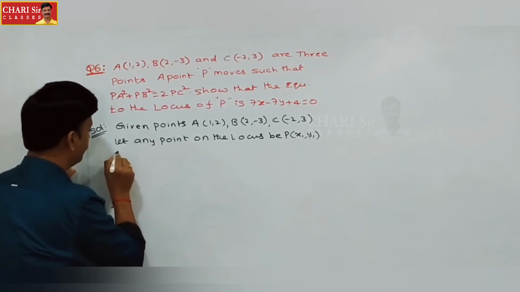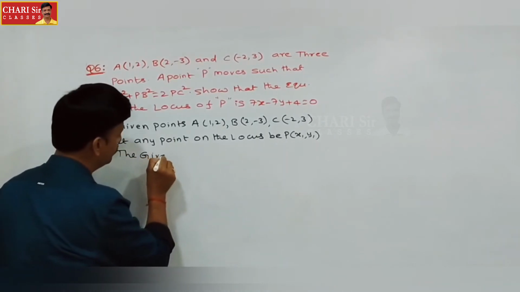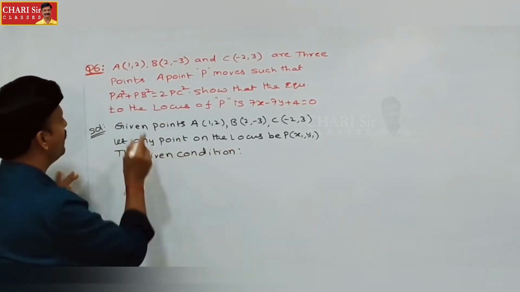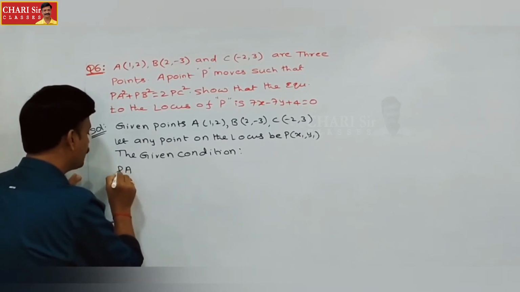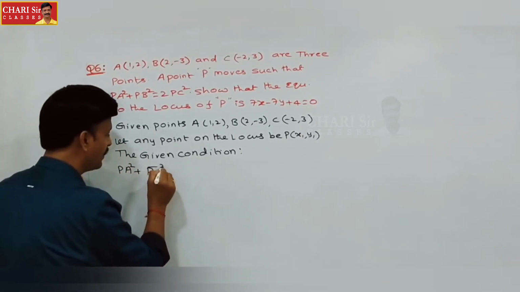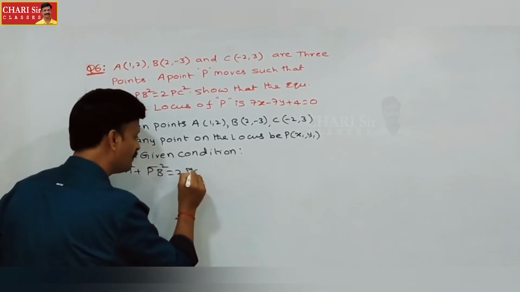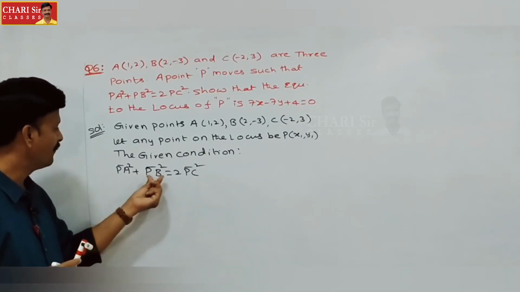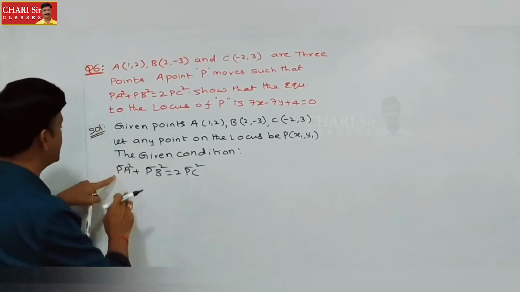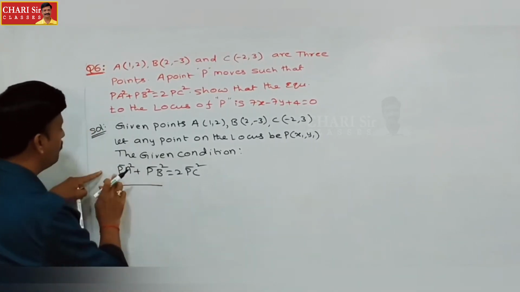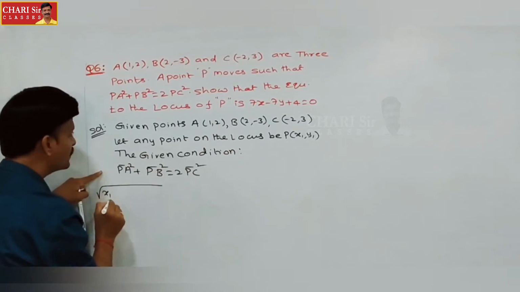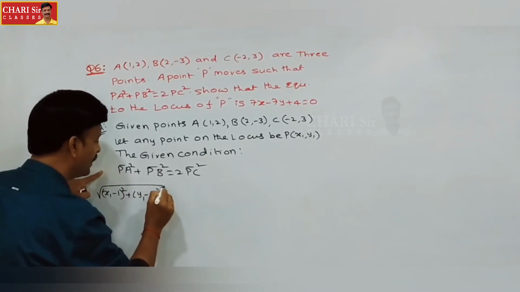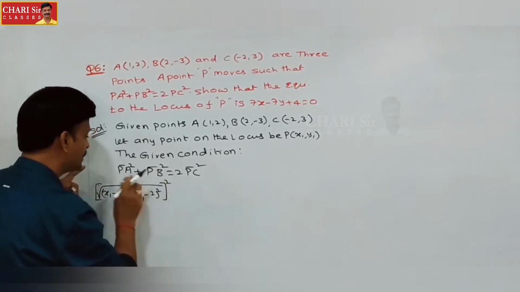Now the given condition is PA square plus PB square is equal to 2 PC square. Here we use the distance formula 3 times: for PA square, for PB square and for 2 PC square. Now PA square we will write. PA square means root of P and A, that is x1 minus 1 whole square plus y1 minus 2 whole square, for this whole square, because square is given.